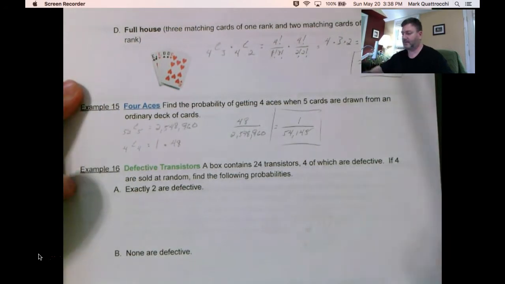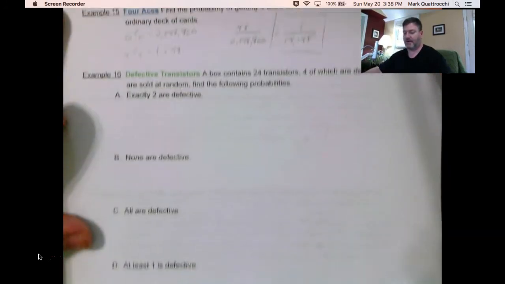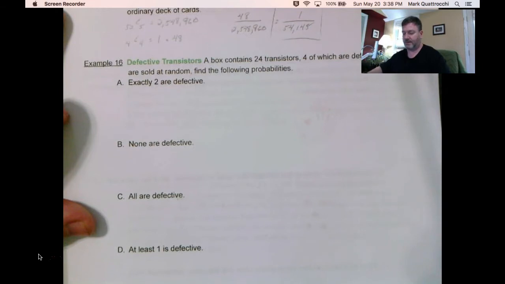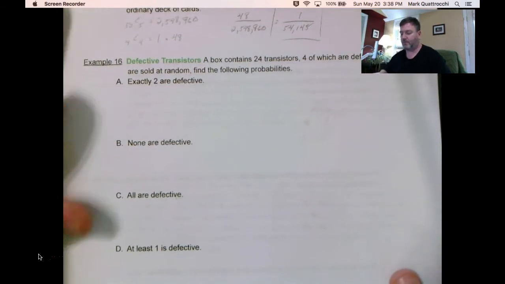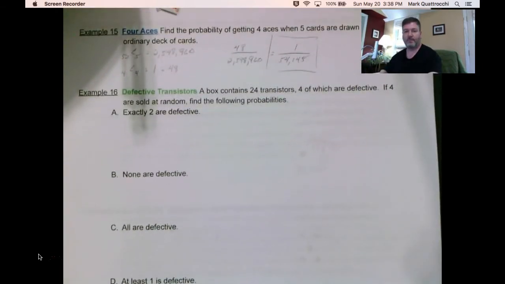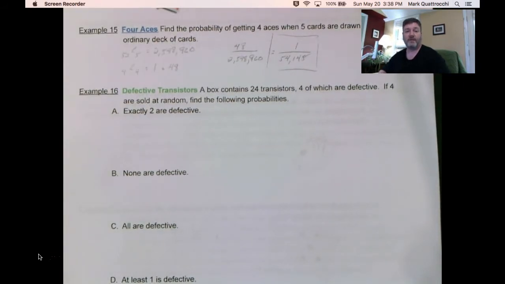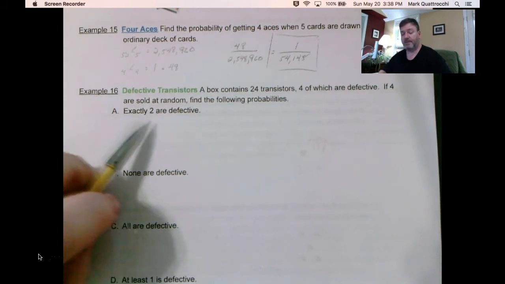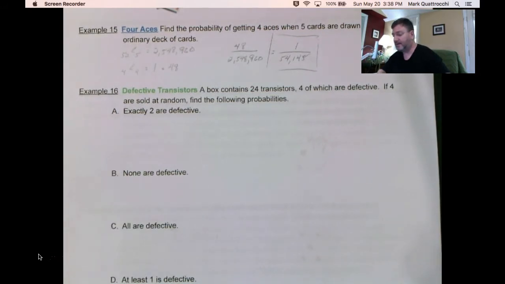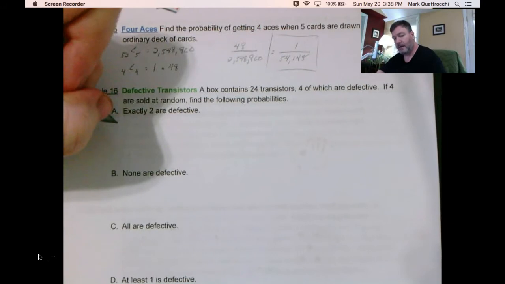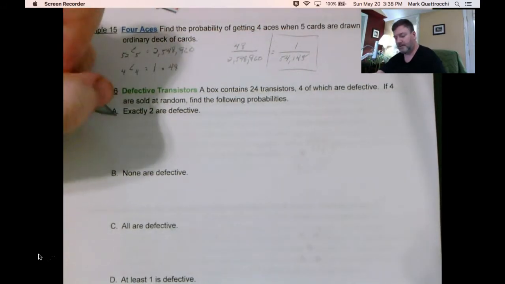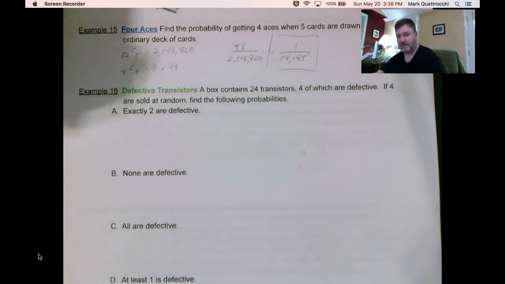All right, example 16. Part A, defective transistors. A box containing 24 transistors, 4 of which are defective. If 4 are sold at random, find the following probabilities. We want to find the probability that exactly 2 of them are defective. So how many possible ways, total ways, can we sell these transistors?